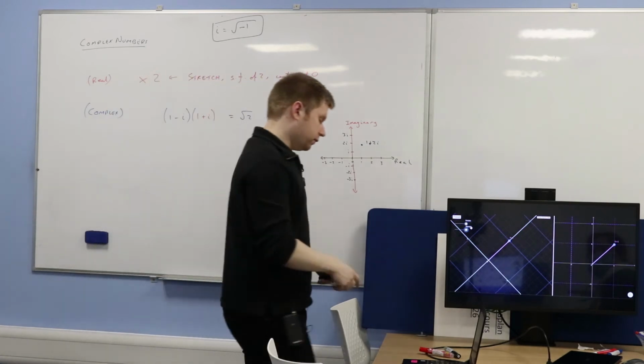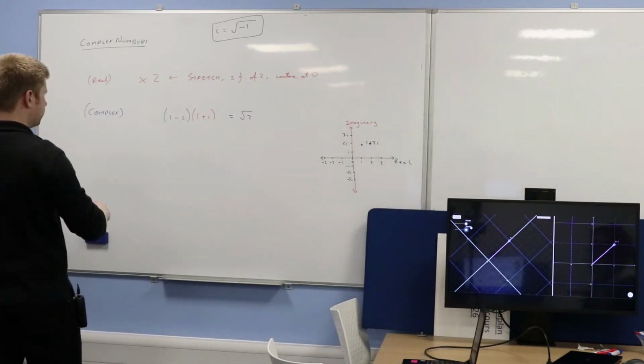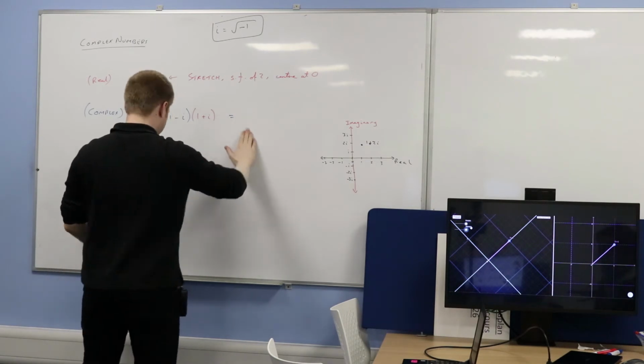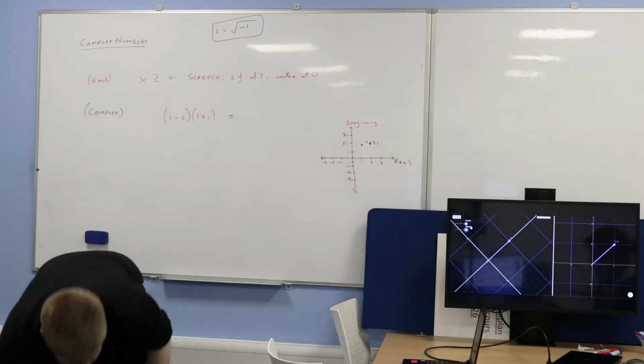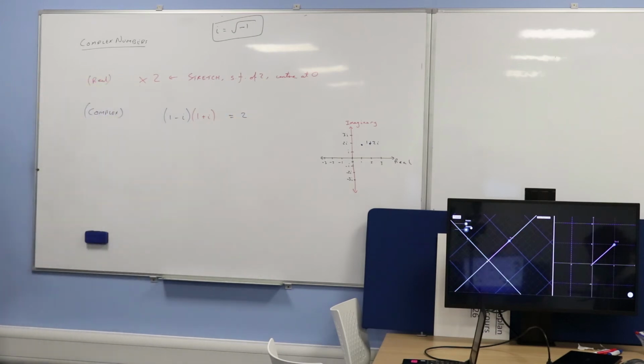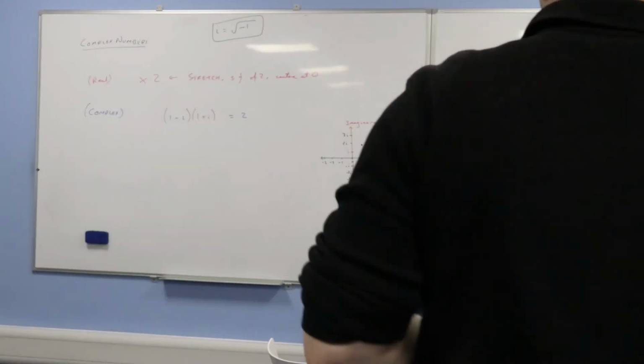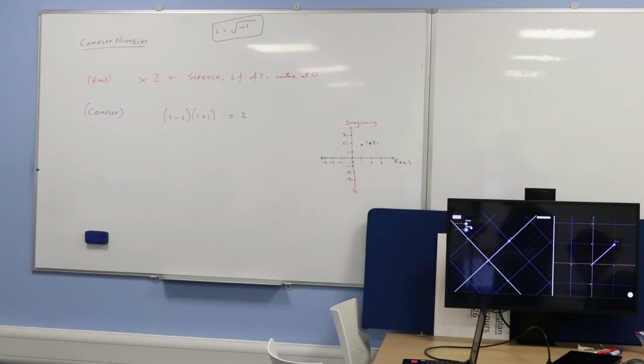Can you verify this for me? In fact, no, I don't mean root 2, do I? I mean 2. So I'm proposing that the new position which it ends up with is going to be 2. But can you verify that for me?